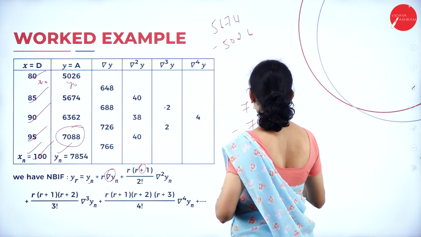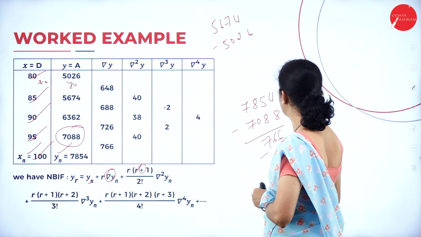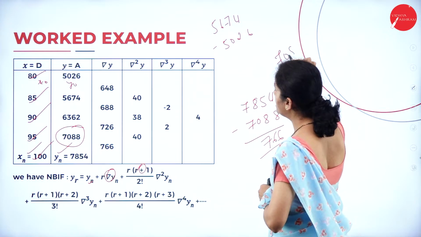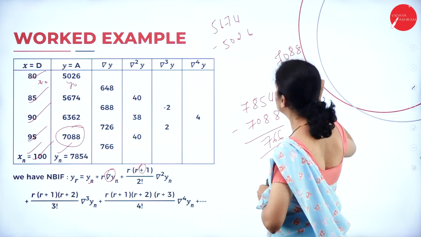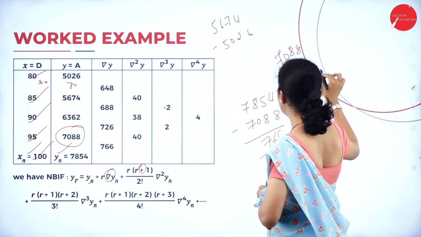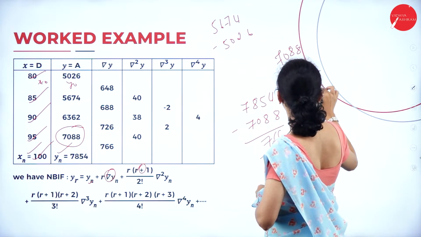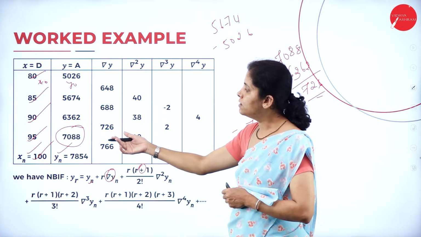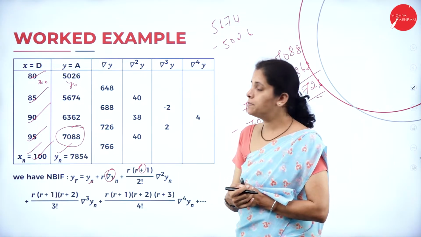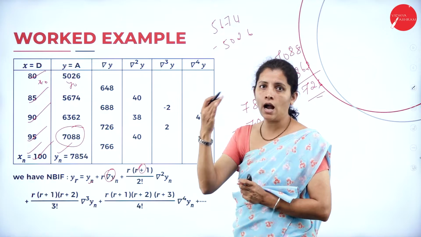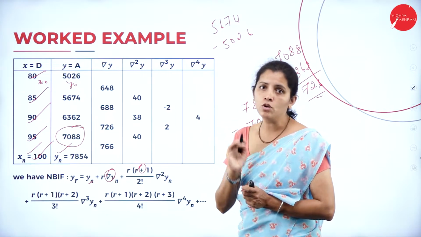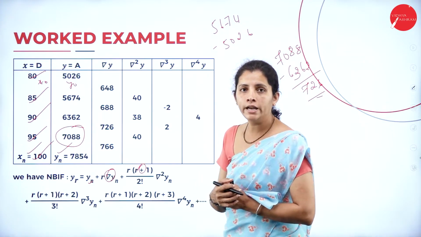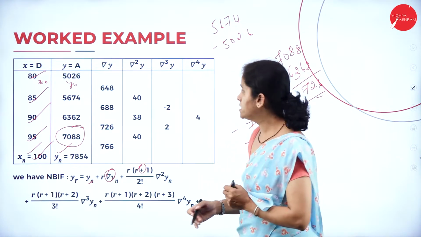It is 766. Okay, fine. If I consider 7088 minus 6362, then the answer is 726. I can construct the table from the bottom to up or from the up to bottom. Even you can consider the forward interpolation method itself.